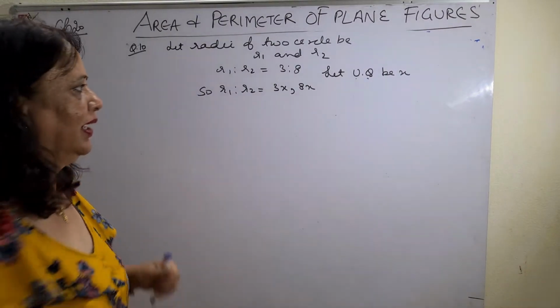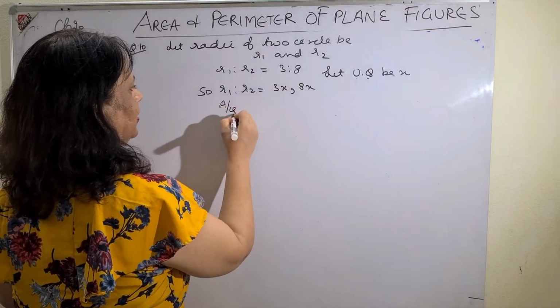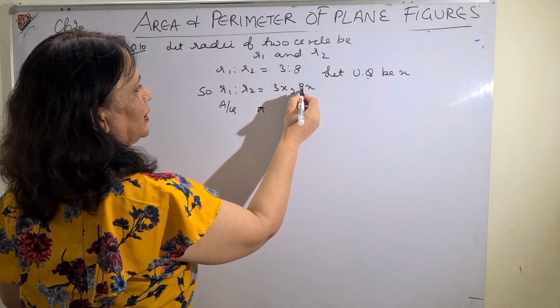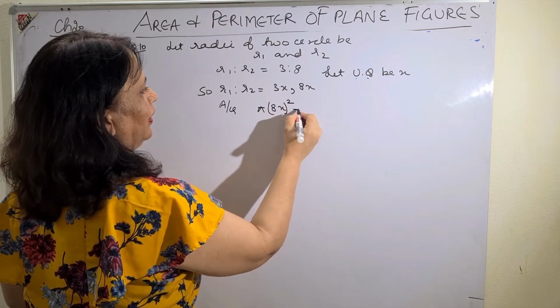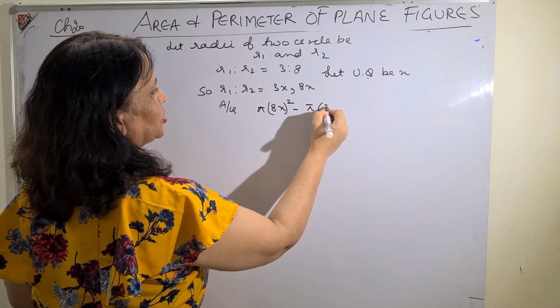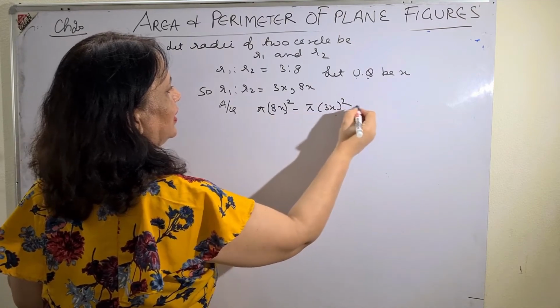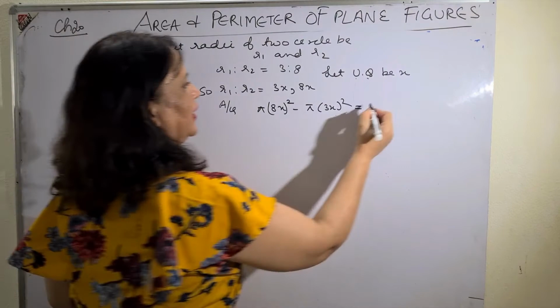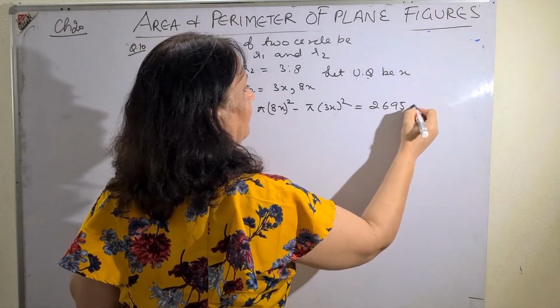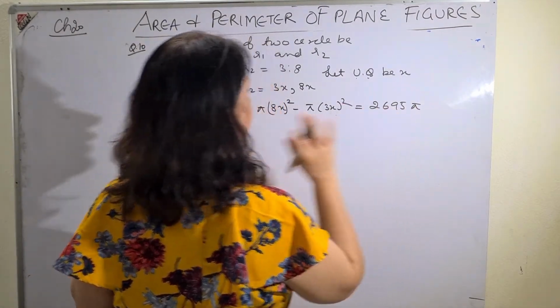Difference between their areas. So according to the question, 8x is the bigger radius, so pi r2 square minus pi r1 square. This is the difference between the areas of the circles, and this is given equal to 2695 pi. It is given in the question. Very easy.